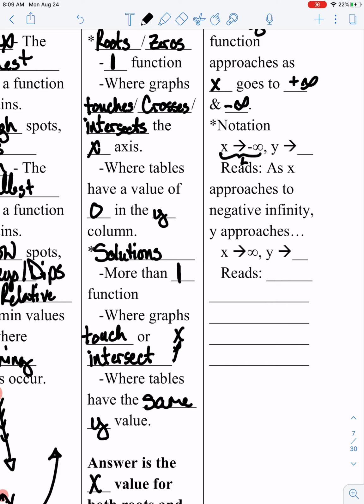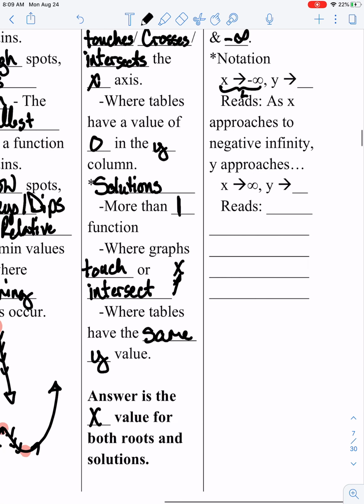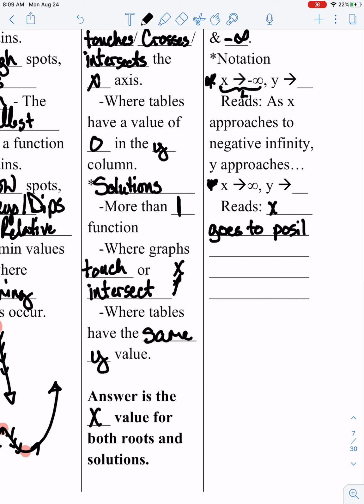And then again, this blank is going to be dependent upon the graph. So if you have to write the way this one looks, x goes to positive infinity, or you could just say infinity. I like to use the adjective positive to describe which infinity. Again, y goes to... and it will depend if the graph is pointing up or down. So I'll put that in here.